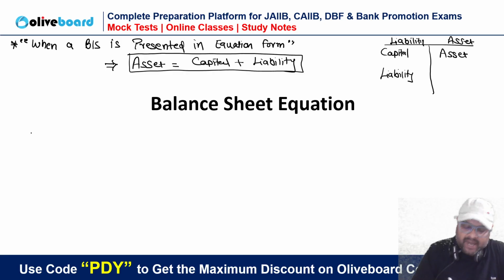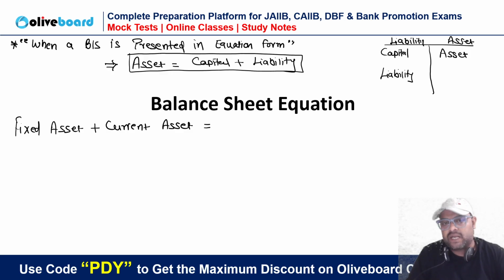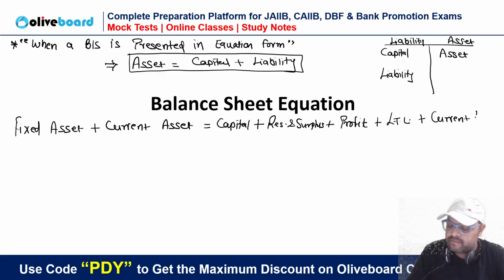I can say that assets can be classified into fixed assets plus current assets, which is equal to capital, which can also be classified into capital plus reserve and surplus plus profit, and liability can also be classified into long term liability plus current liability. So that classification is also possible.